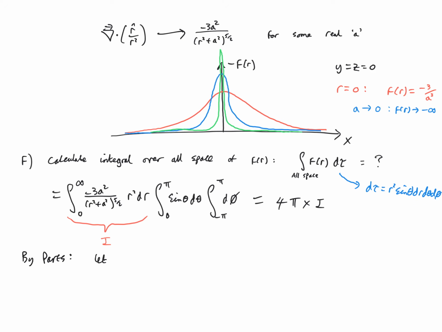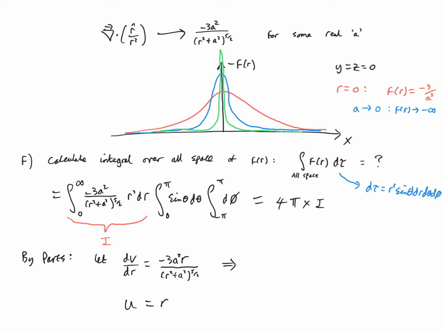Let's suppose that something called dv by dr is the factor minus 3a squared r over r squared plus a squared to the 5/2, whereas something called u can just be r.